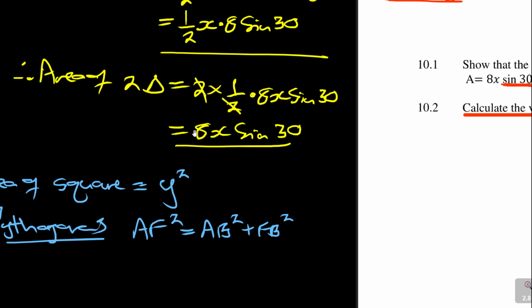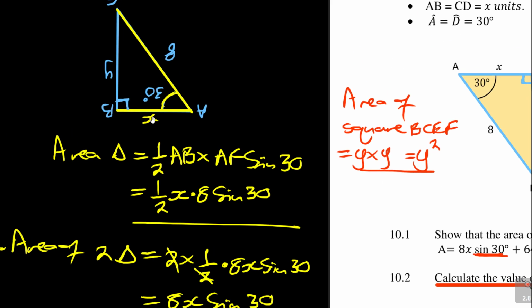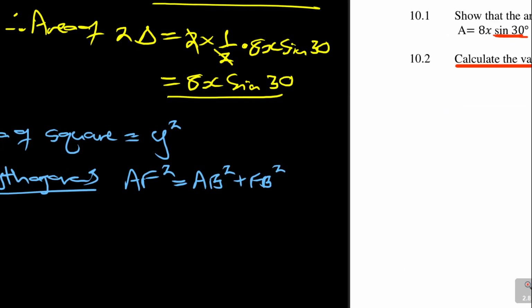So what is AF squared? 8 squared is x squared plus y squared. So 8 squared is equal to, I hope that was x squared, and then the other one was y squared, but you can interchange them.